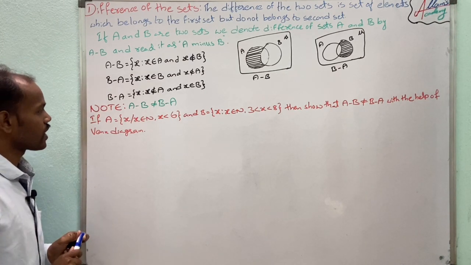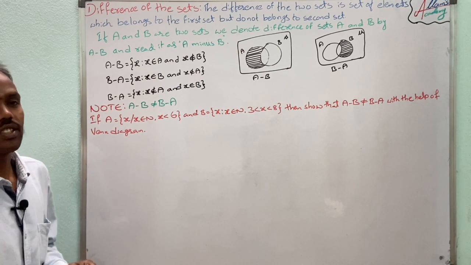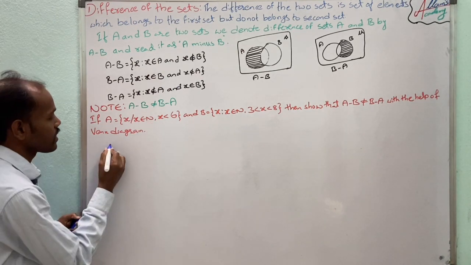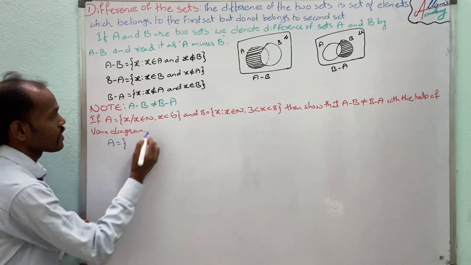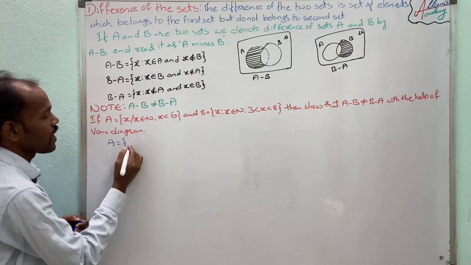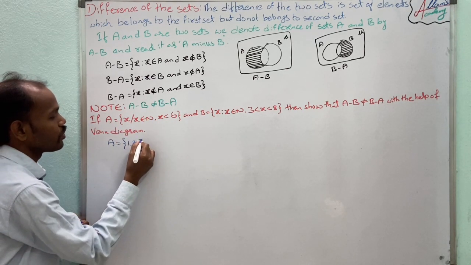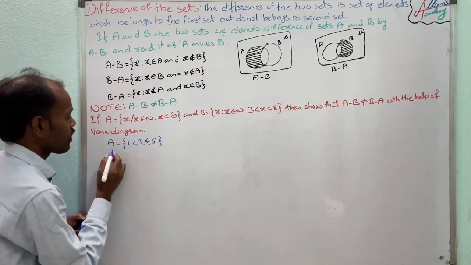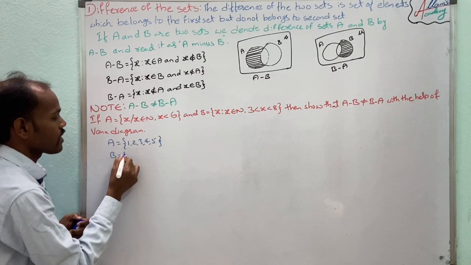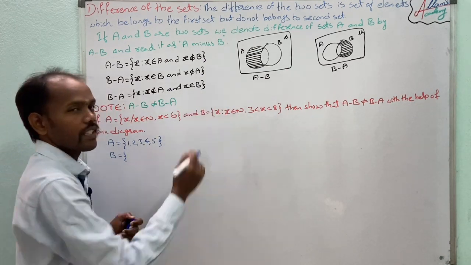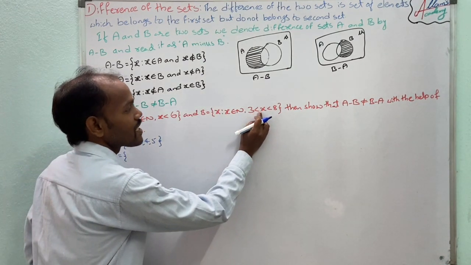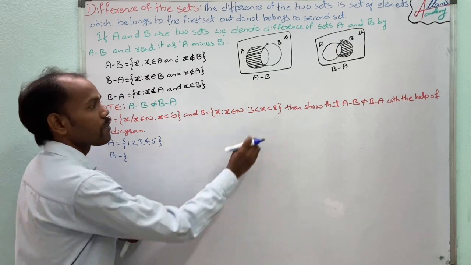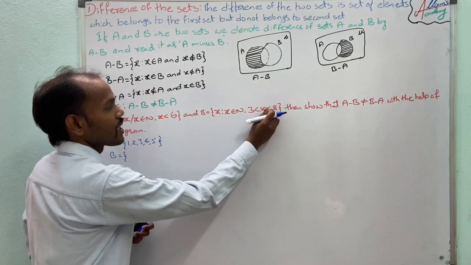The first one is given: x such that x belongs to N and x is less than 6. Here x is less than 6, N means natural numbers, right? 1, 2, 3, 4, 5 are the elements. The second set B equals x such that x belongs to N, natural numbers only, but 3 is less than x less than 8. That means the x value lies between 3 and 8.